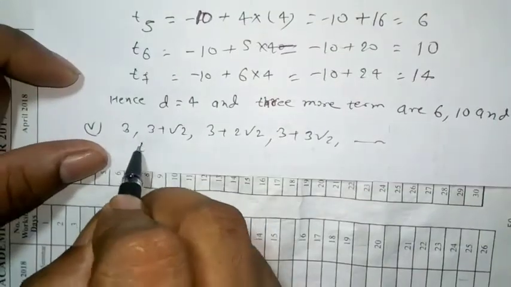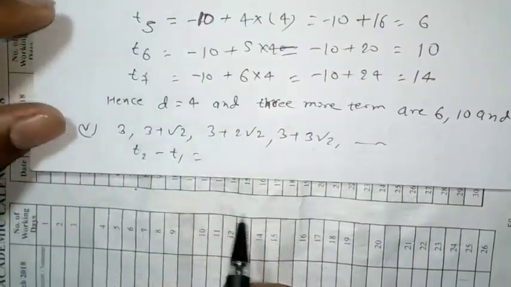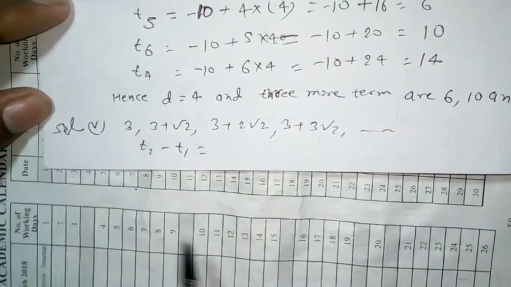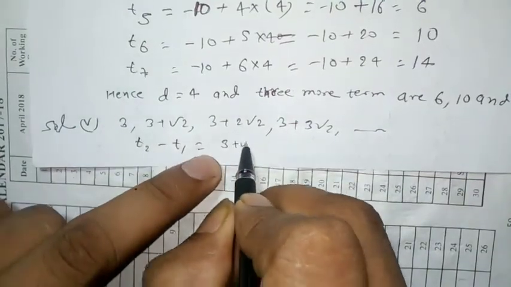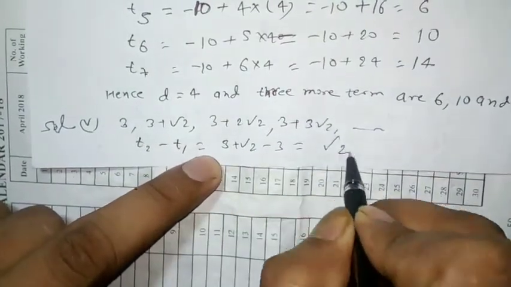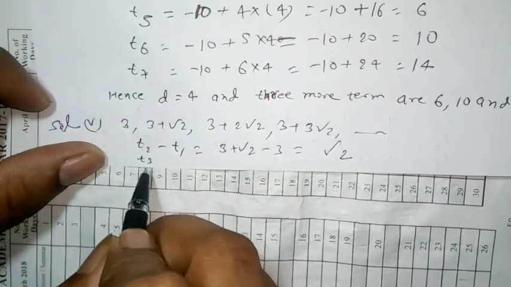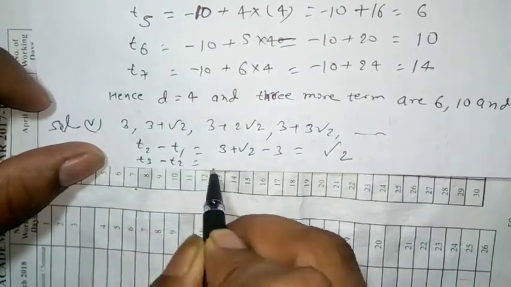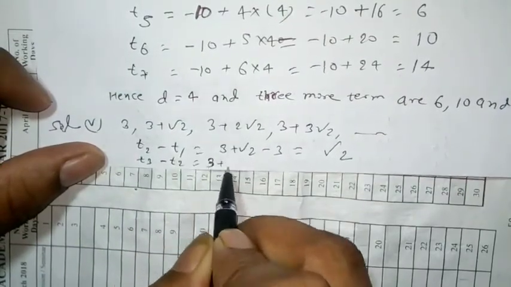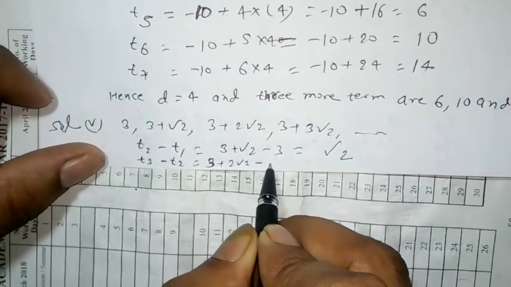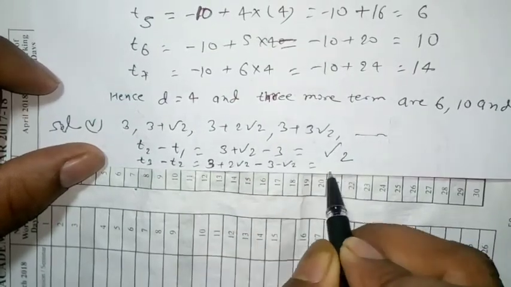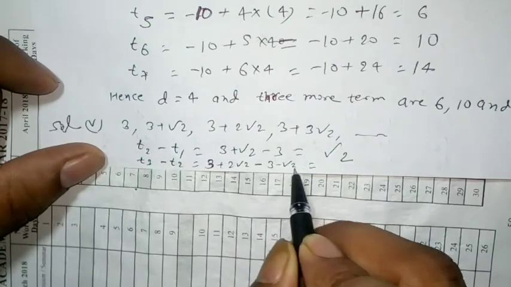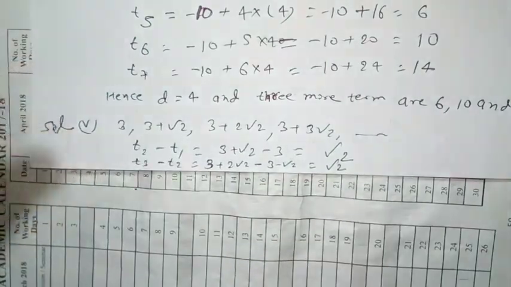Now T2 minus T1 is equal to 3 plus root 2 minus 3, equal to root 2. T3 minus T2 is equal to 3 plus 2 root 2 minus 3 minus root 2, the 3 cancels, 2 root 2 minus root 2, equal to root 2.